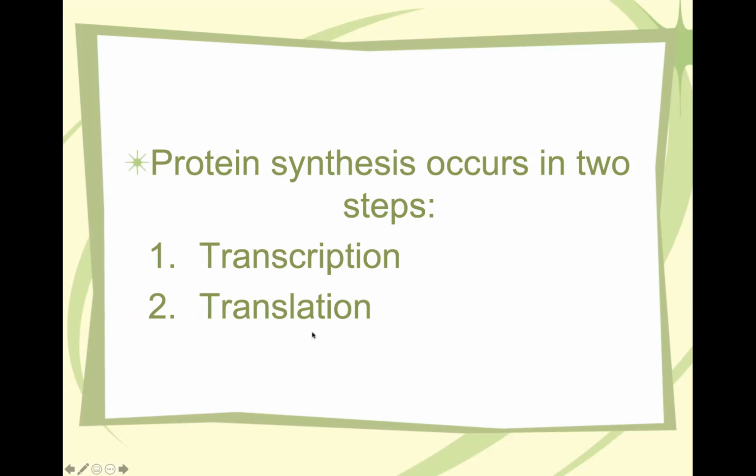Translation is when we're now decoding that sequence of messenger RNA. We're reading it in groups of three nucleotides, and that is called a codon. So we decode the codons, and the transfer RNA will continue to bring in the amino acids that correspond to those codons. And that is how we synthesize a protein chain.